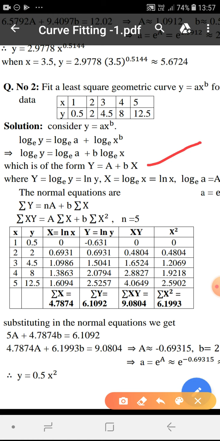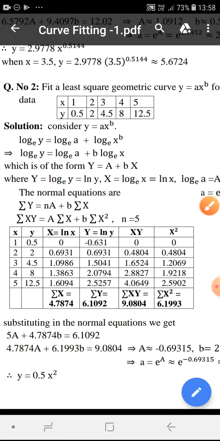Y equal to A plus bX, attaching the summation symbol, it will be summation Y equal to A into summation 1, which means n, so nA plus b into summation X. For the second normal equation, attach summation capital X to both sides of the equation. Summation XY will be equal to A into summation X plus b into summation X square. Now find all these sums.